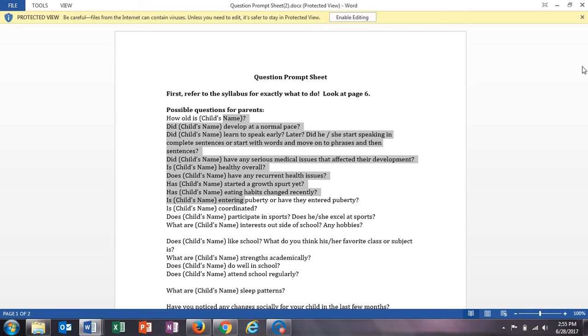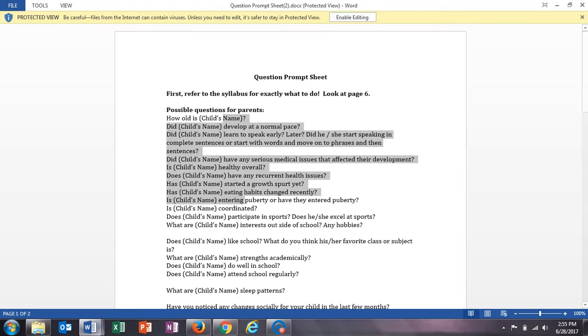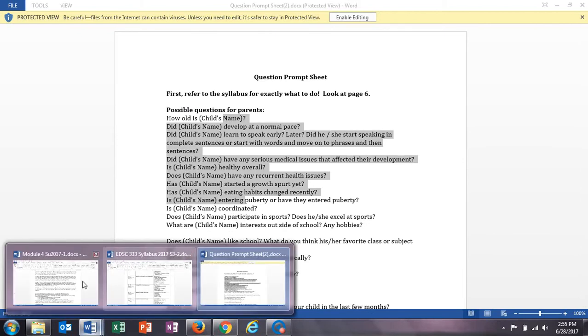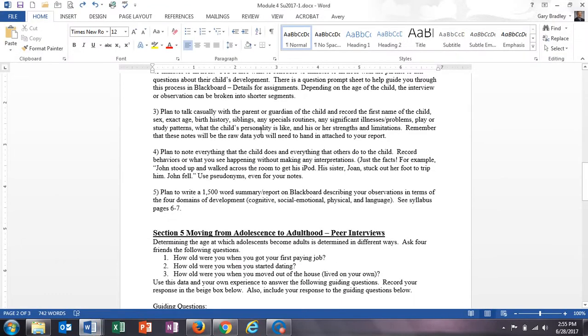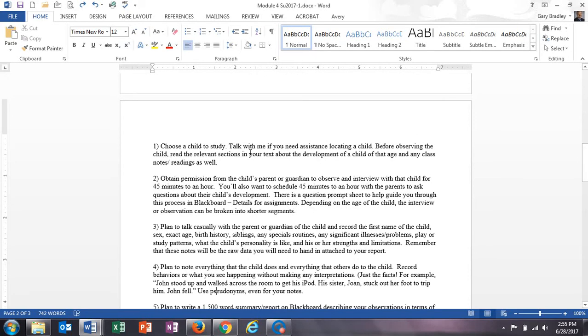So you're looking at getting information there. So again, in module number 4, section number 4, all you're doing is finalizing a child to study, obtaining parental approval for that, and finalizing a time that you want to meet with that child.